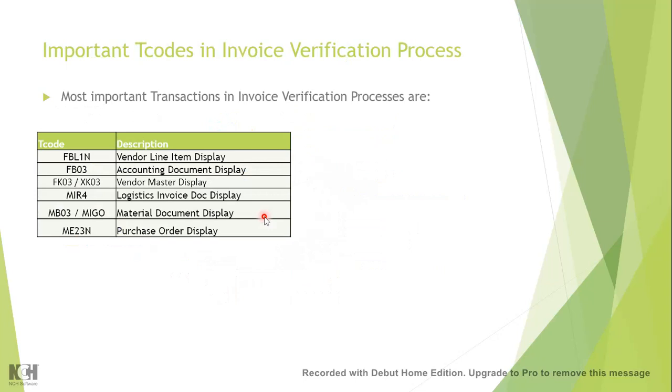So these are the important T codes in the invoice verification process. The most important transactions in invoice verification processes are FBL1N, FB03, FK03, XK03, MIR4, MB03, MIGO, and ME23N.